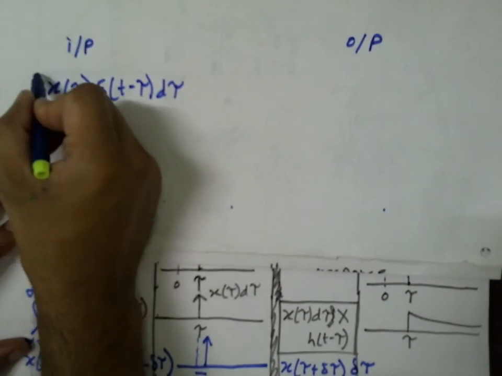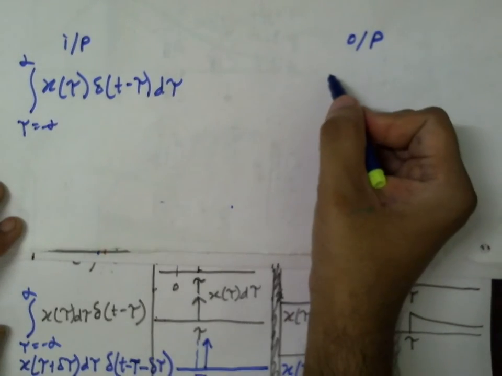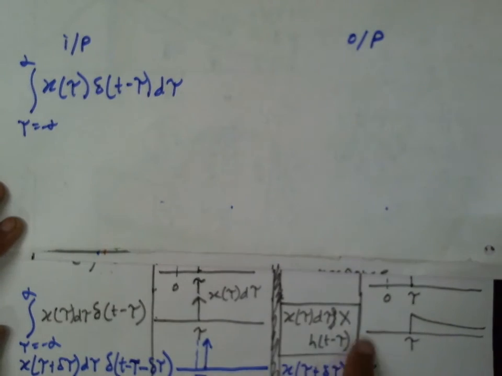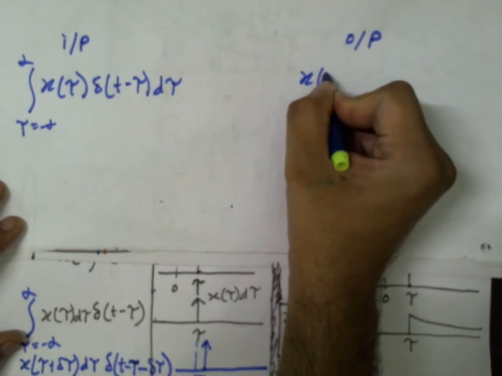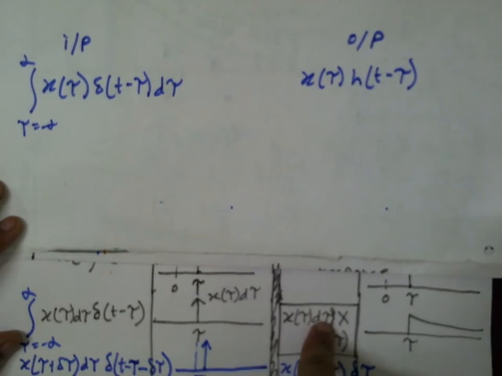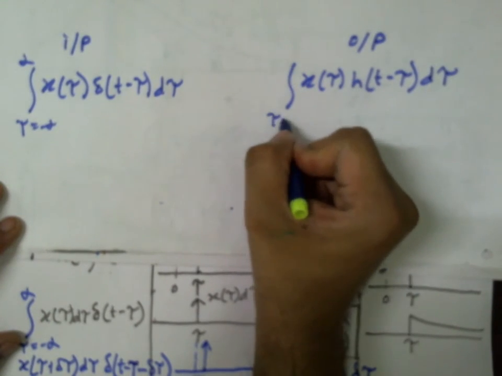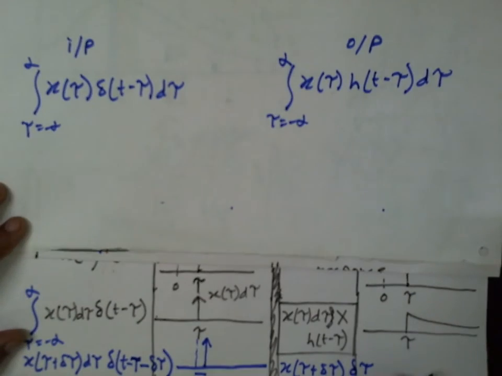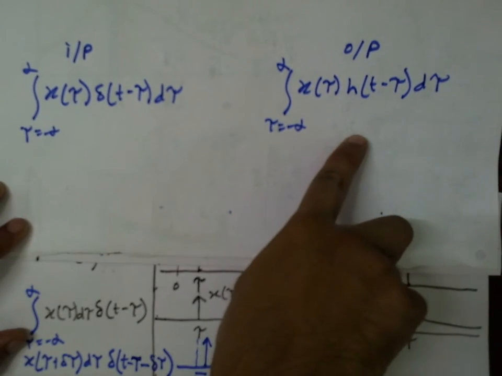This quantity integrated over τ from minus infinity to infinity, the corresponding output should be this quantity integrated over τ from minus infinity to infinity: x(τ) h(t − τ) dτ. So this is the input and this is the corresponding output.